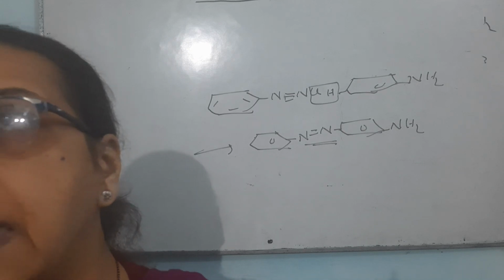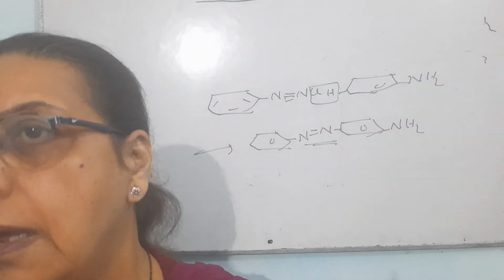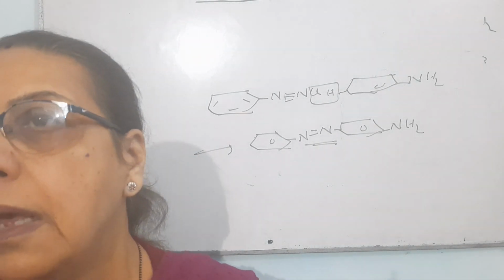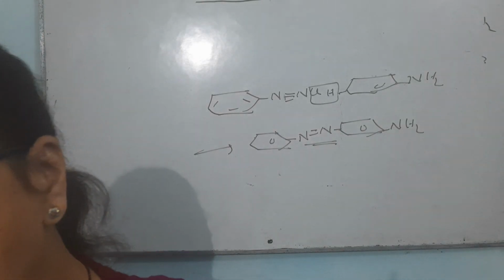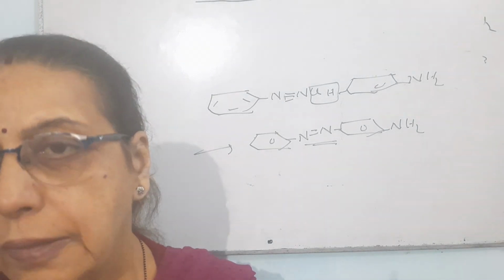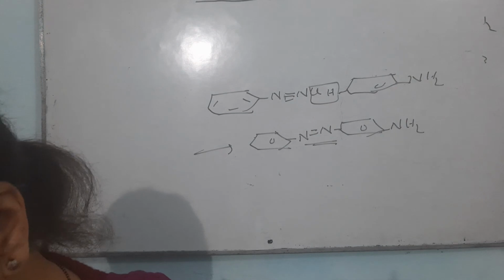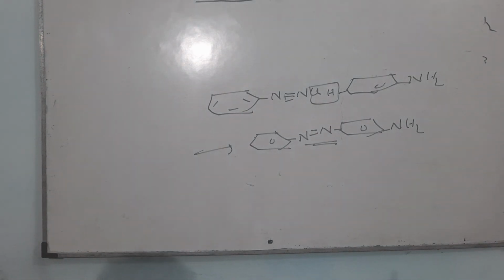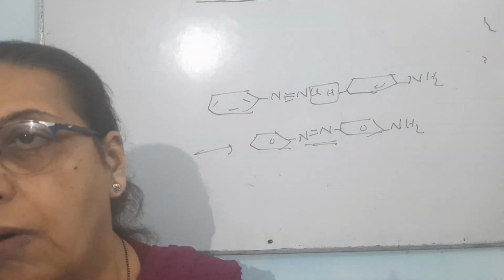The reaction is done in the presence of aluminium chloride, which acts as a catalyst, but aniline will make a salt with aluminium chloride. So the Friedel-Crafts alkylation or acylation reaction will not take place. Now, all these were the reactions of amines.